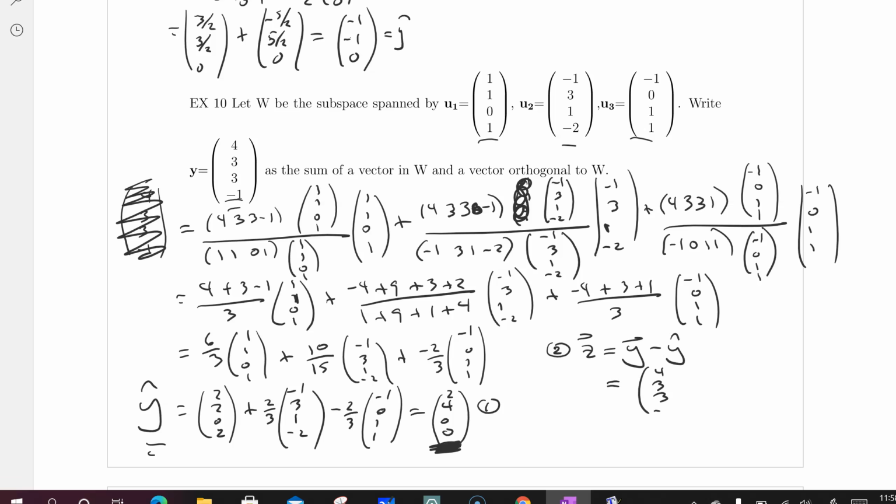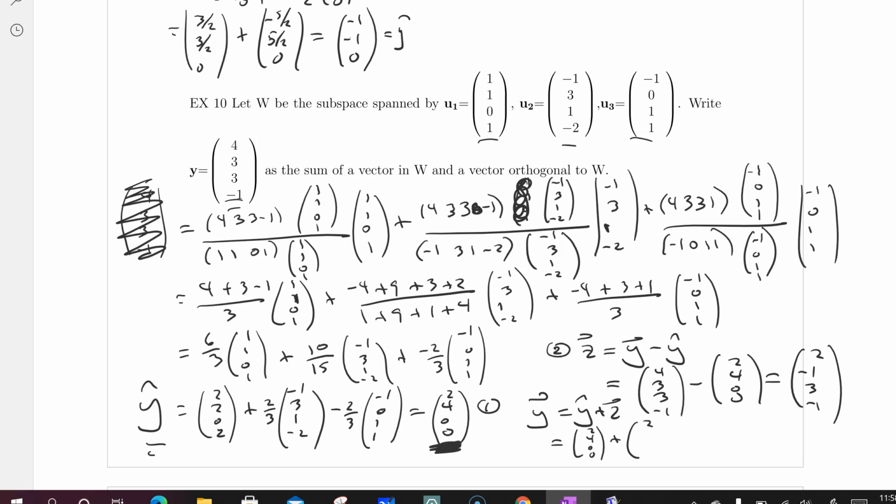That gives me 2, -1, 3, -1. So that's my z. The final answer is y can be written as y hat plus z. So my y hat is 2, 4, 0, 0 plus 2, -1, 3, -1. Let's see if it works. 4, 3, 3, -1. That's y. Yes.